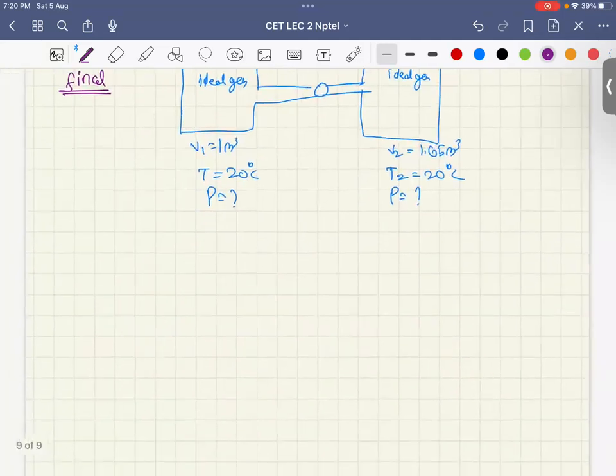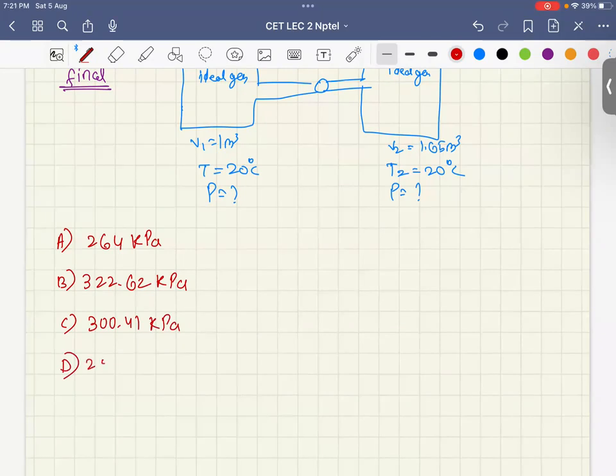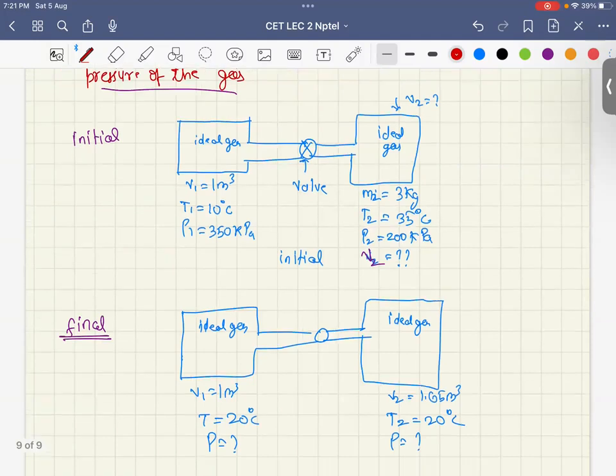The options are: option A, 264 kPa; option B, 322.62 kPa; option C, 300.41 kPa; and option D, 250.32 kPa. Based on this, can you find the answer?